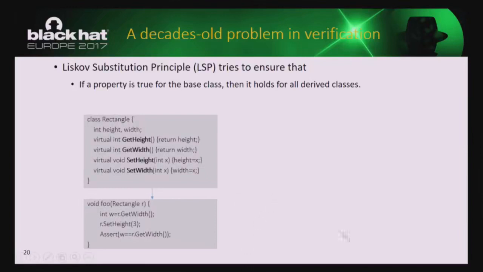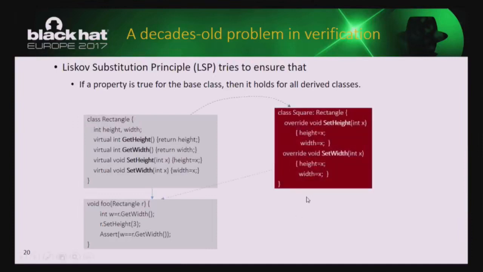Suppose there is a base class called rectangle. It has width and height, and also it has getters and setters for width and height. For this base class, you can prove a property which is essentially that the width is independent of the height. And this is true for the base class rectangle. However, several years later, somebody may derive a class called square.